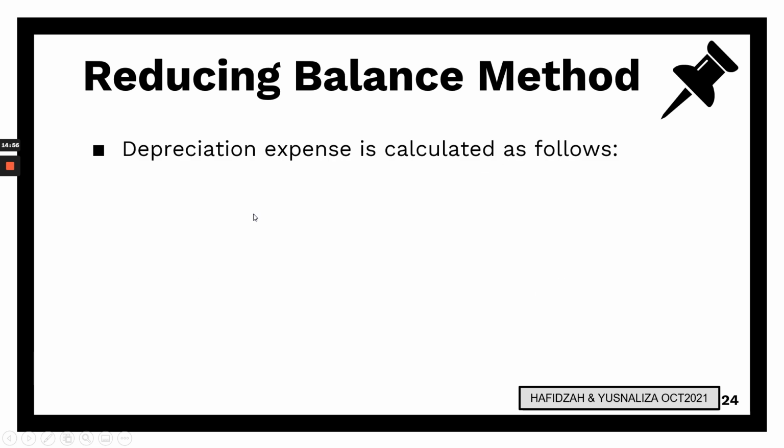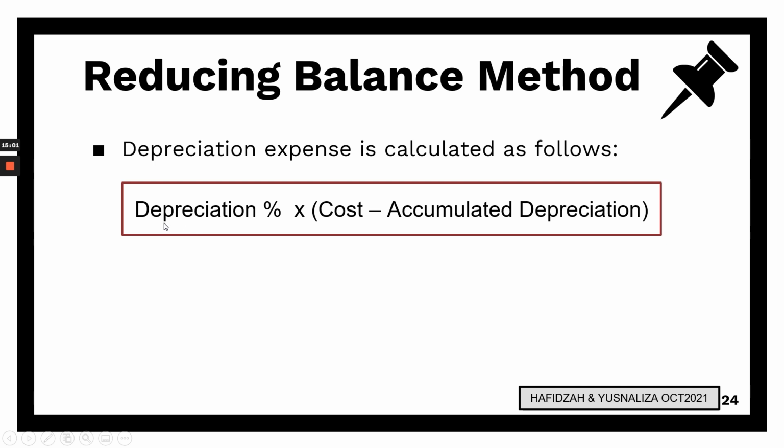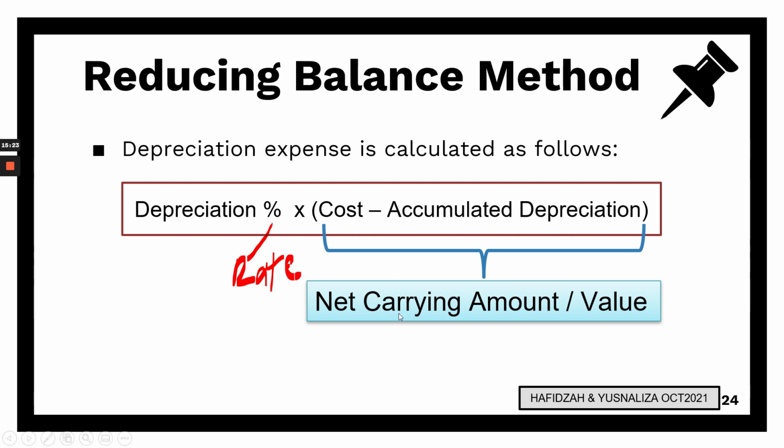Under the reducing balance method, depreciation is calculated using a rate that is normally determined and given, multiplied by the cost minus accumulated depreciation. For your information, the cost minus accumulated depreciation is known as the carrying amount or carrying value, also the net carrying amount or net carrying value.